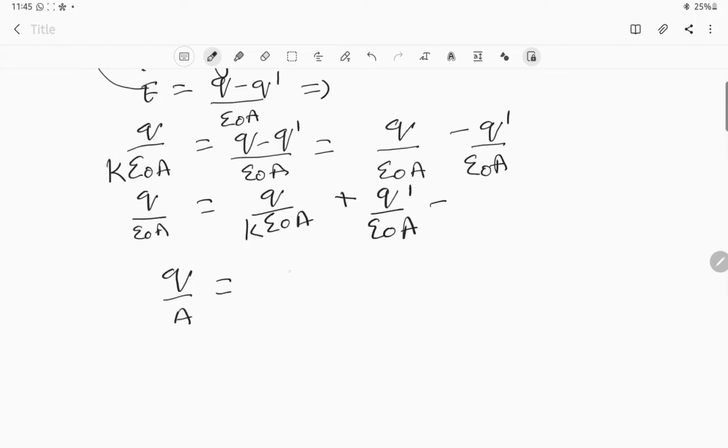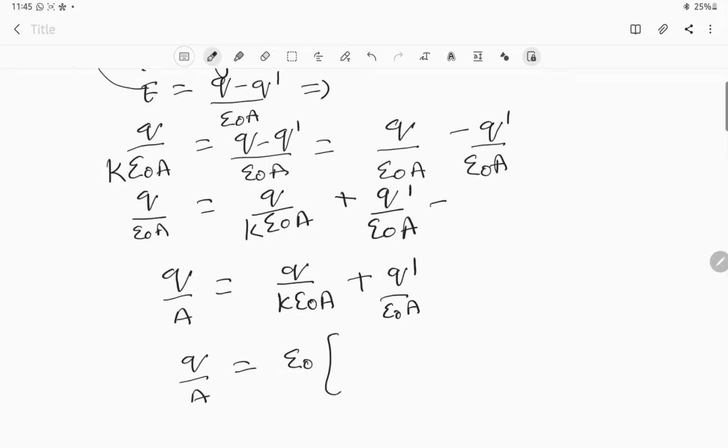So we get Q by K epsilon naught A plus Q dash by epsilon naught A. At last, Q by A is equal to epsilon naught taking common, Q by K epsilon naught A plus Q dash by A.